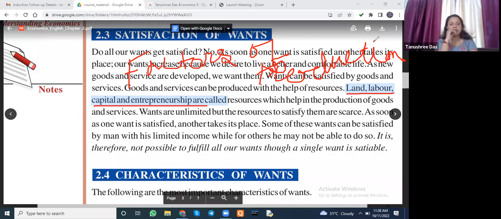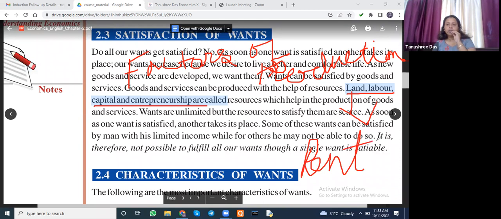Without the payment, they cannot use these factors. For land, they are paying rent. For labor, they are paying wages. For capital, they are paying interest. For entrepreneurship, they are paying profit.